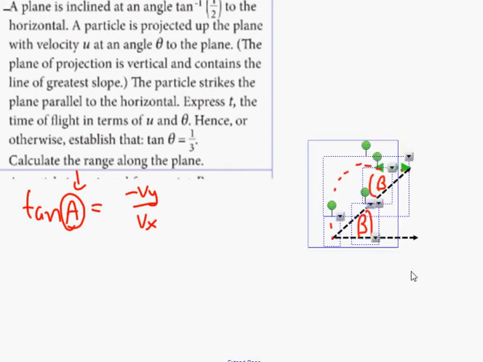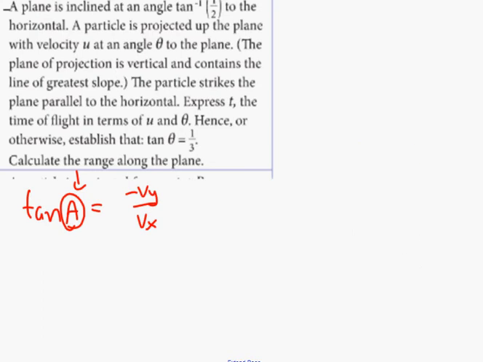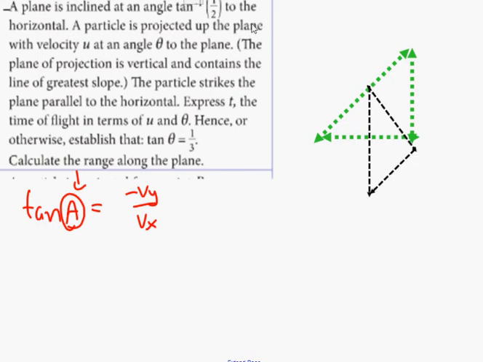Now, first things first, let's read our question and see about making a diagram here. Velocity u at an angle theta to the plane, and we know what the plane is. So we're just going to make our plane here. We're going to do our gravity triangle, just going straight down, straight across. I've never learnt them off.